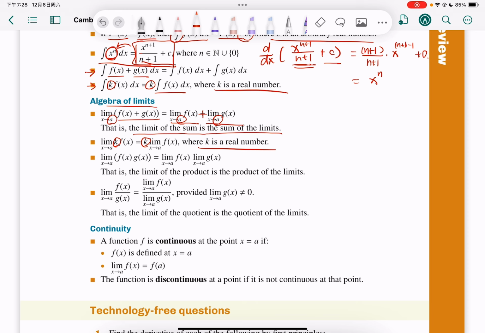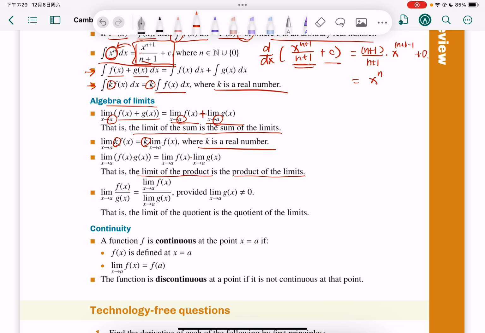And if you have multiplication of two functions, you can actually separate them and then take the limit of each. Or you can say the limit of the product is the product of the limit. Same for division. If you have fx over gx, then you want to take the limit.